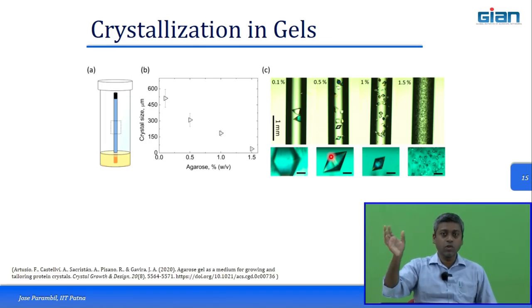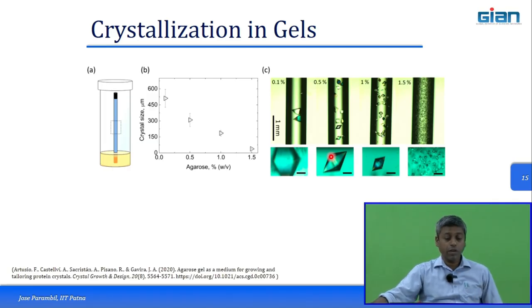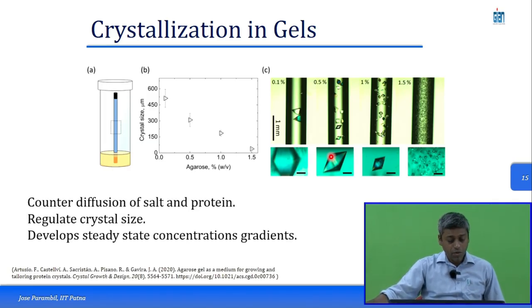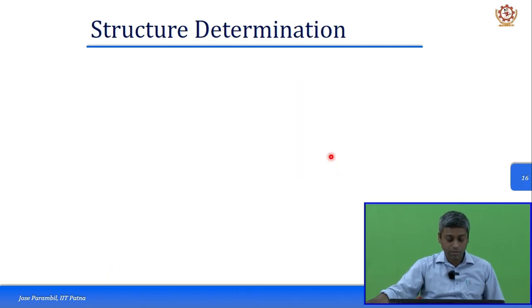Those sort of correlations can be useful for developing the process conditions required for separation. So here both the counter diffusion of salts and proteins occur, and as I told you, you can regulate the size of the systems.